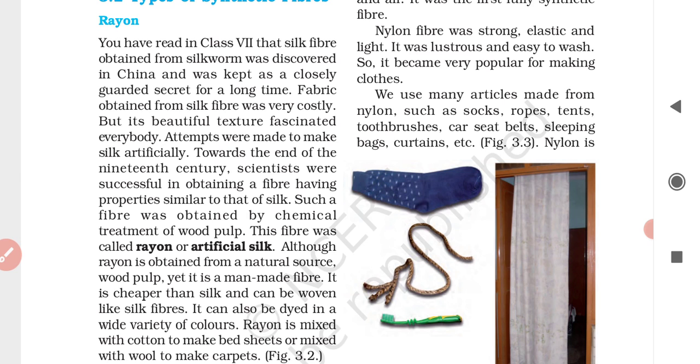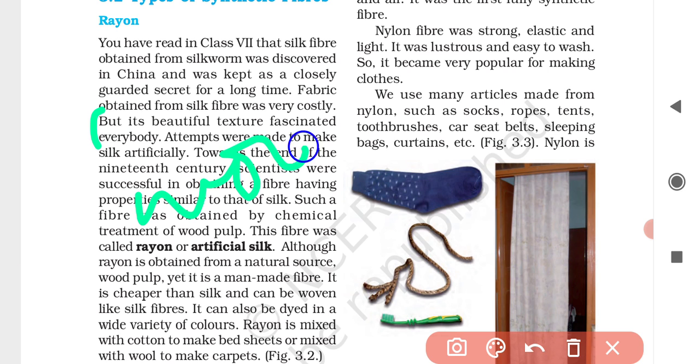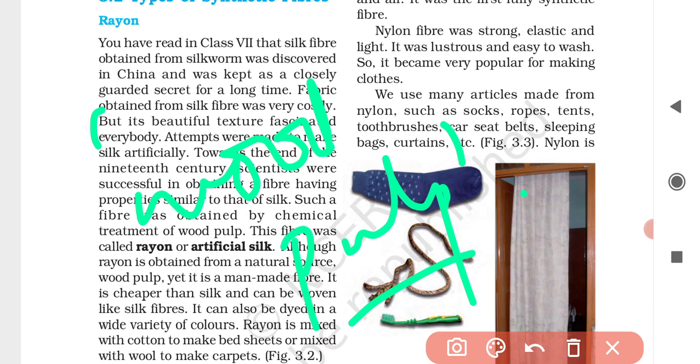Rayon is a man-made fiber prepared from a natural raw material called cellulose by chemical treatment, and the cellulose required for making rayon is obtained from wood pulp. So we can say that rayon is obtained from chemical treatment of wood pulp which contains cellulose, right?